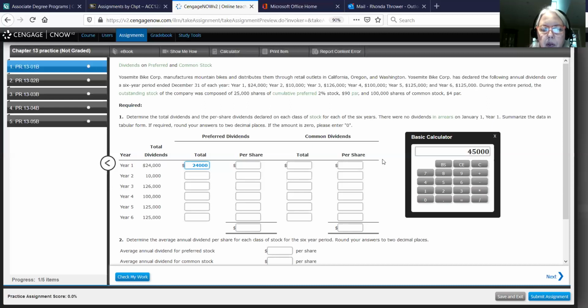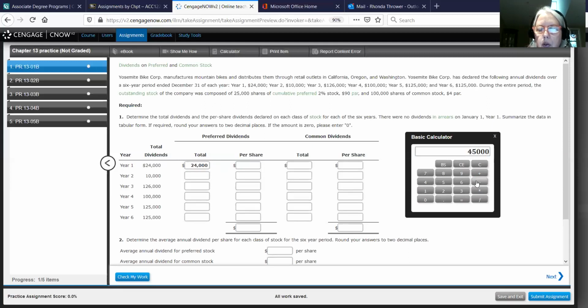So what happens in year one is we'll have some dividends that are in arrears. We calculate that by subtracting the $24,000 that we have paid to the stockholders from the amount that we owe to our preferred stockholders.